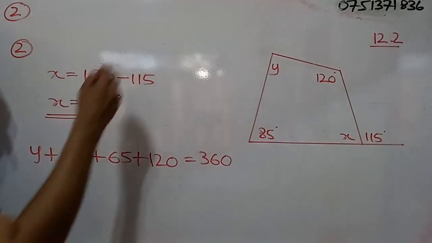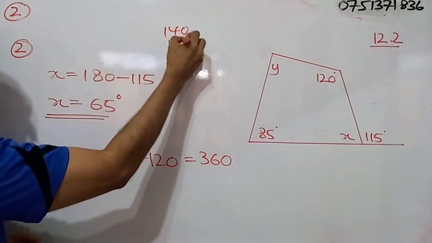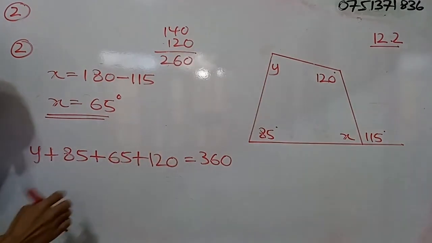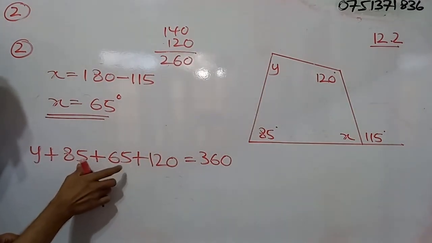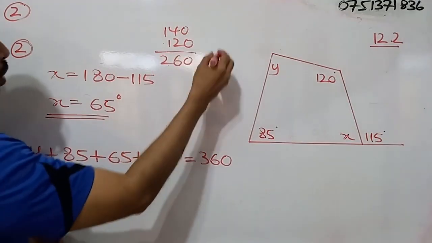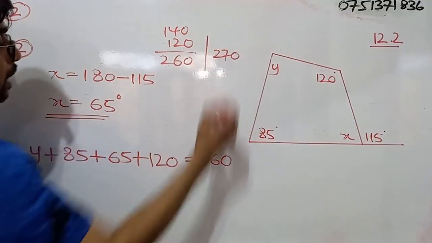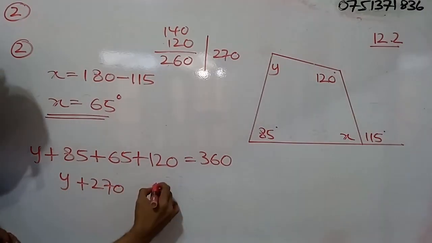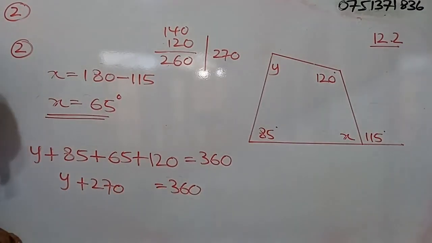To that we add 120, so we will get 260. And also we need to add another 10. 5 plus 5, that is 10, no? So altogether we get 270. So Y plus 270, that is equal to 360.